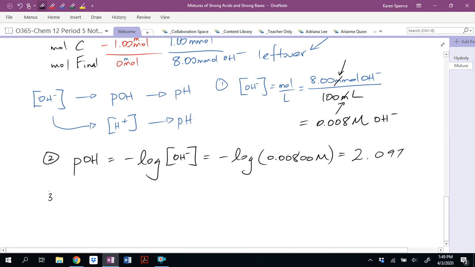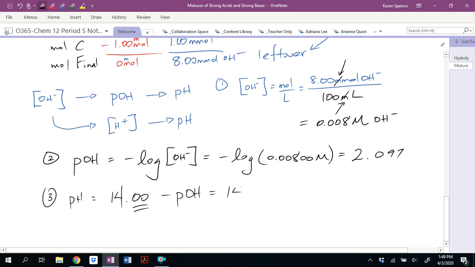And then our pH, take a moment for yourself and write the formula for pH. I'm going to write the formula for pH, getting it from pOH. So that's going to be 14.00. Don't forget your 0.00. And that's going to be minus the pOH.